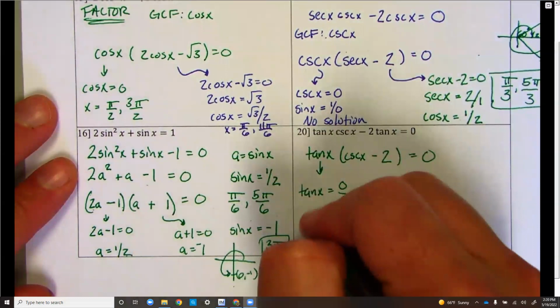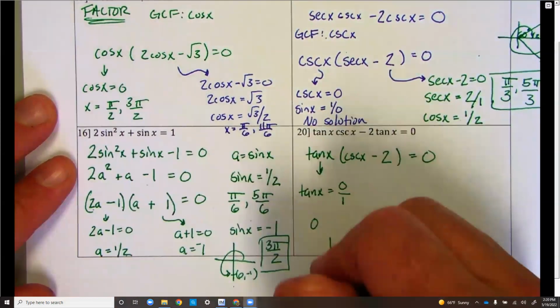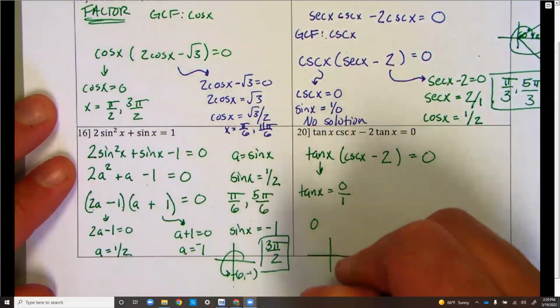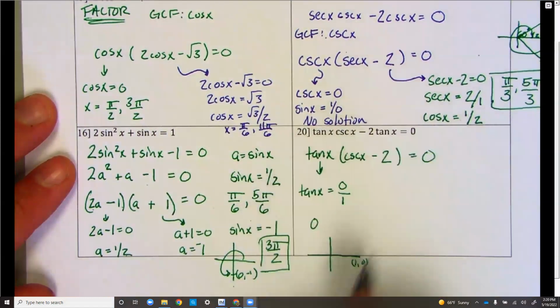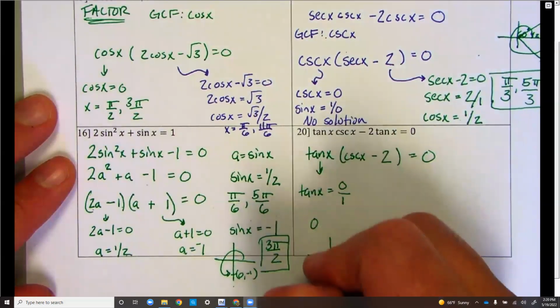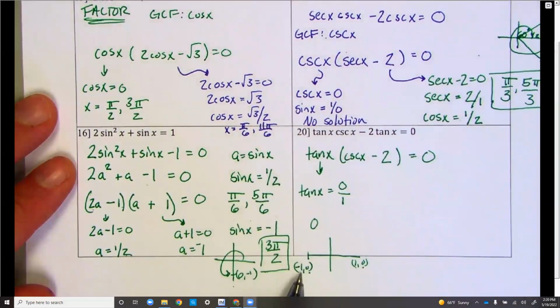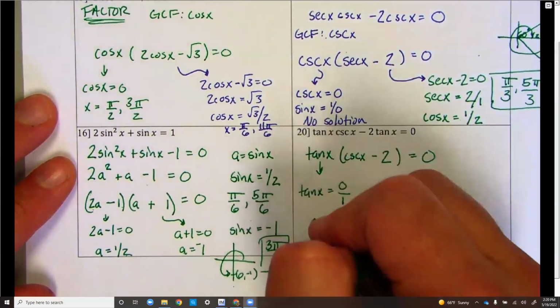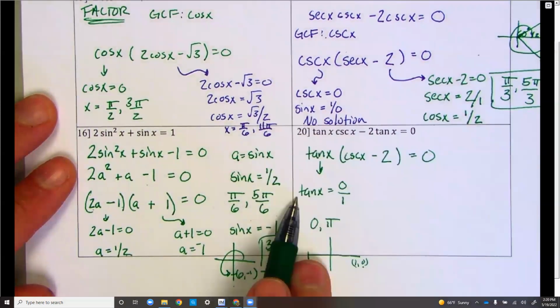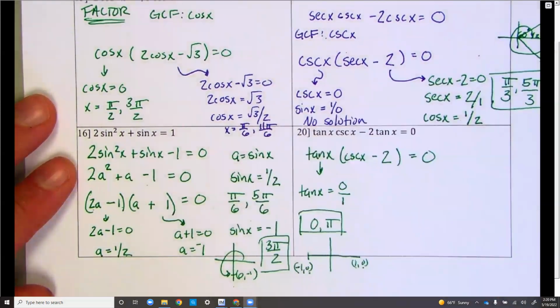Well, a 0 would be opposite 0. But if you'd like to see a picture, opposite of 0, adjacent of 1, or opposite of 0, adjacent of -1 would also have a tangent of 0. So those are both acceptable answers.